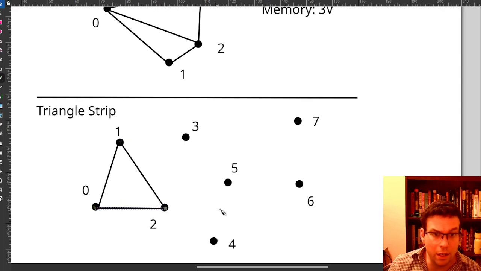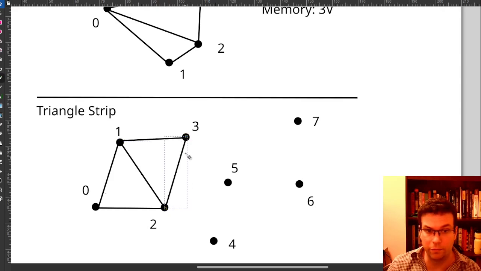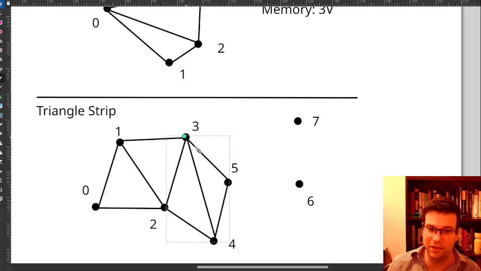And then I'm going to make a triangle from 1, 2 to 3. And now a triangle from 2, 3 to 4. So it goes 0, 1, 2, 1, 2, 3, 2, 3, 4, 3, 4, 5, 4, 5, 6. You just keep sliding along by 1.